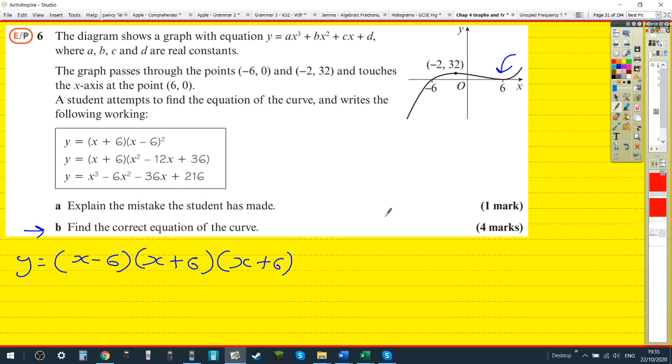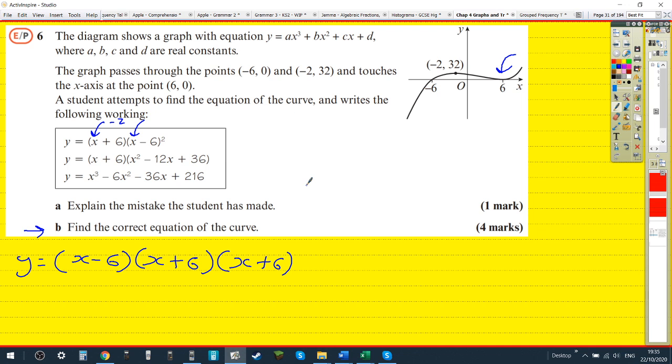Is it? So they don't give us the y-intercept. So when x is minus 2, what do you get? So should I work that out? Yeah. You get 4 multiplied by minus 8 multiplied by minus 8.